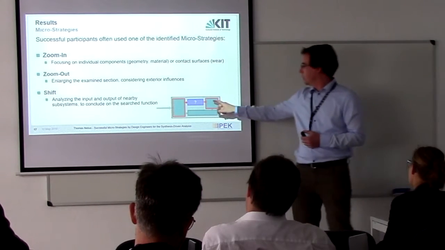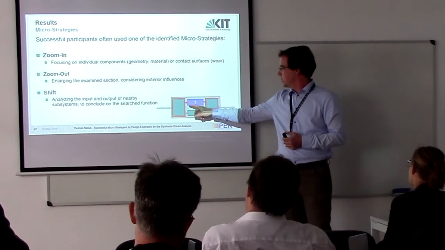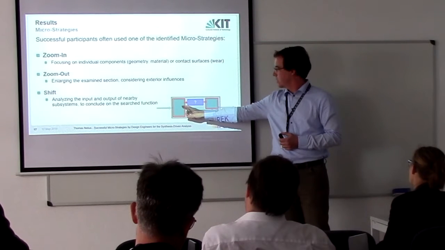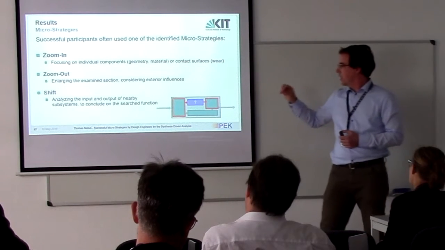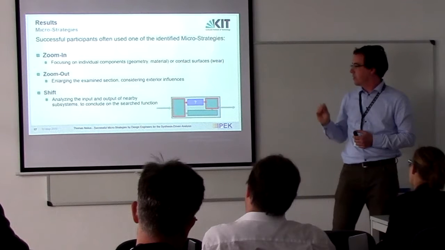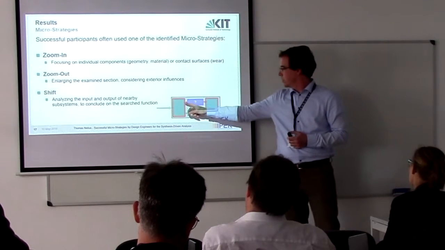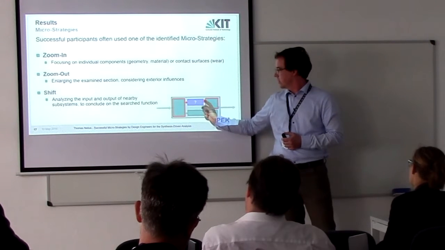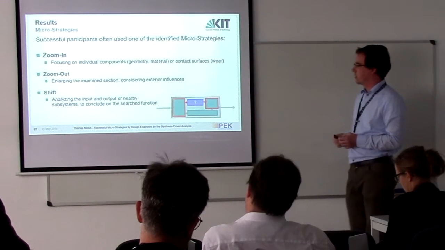There the subsystem isn't looked at, but only the nearby subsystems are looked at. And the participants analyzed the input and output of the nearby subsystems and concluded from that the function of this searched subsystem.